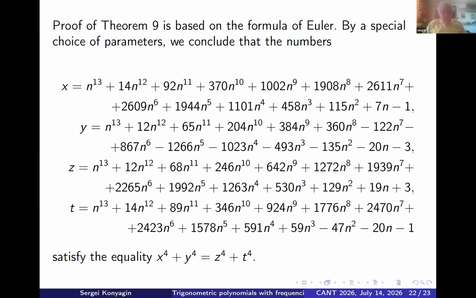In particular, we can conclude that these numbers satisfy this equation and lie in a segment of size about n to the 12, and this gives the proof of the theorem.